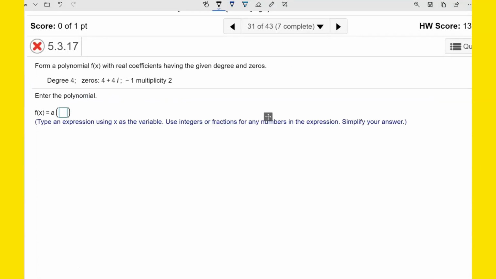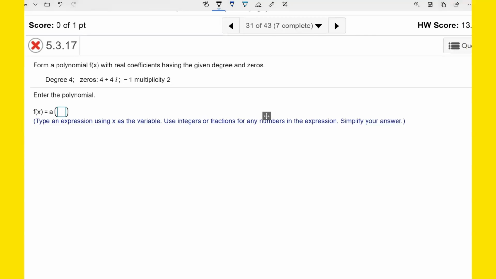Form a polynomial with real coefficients having the given degree and zeros. So we have degree 4, and we have these zeros. We have 4 plus 4i. We have -1 with multiplicity 2, so it's -1 and -1 again.